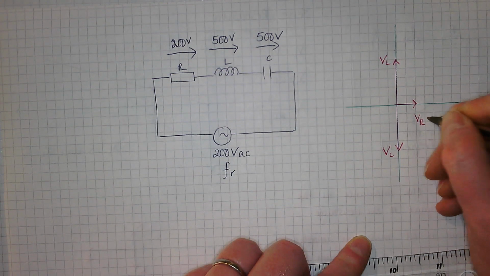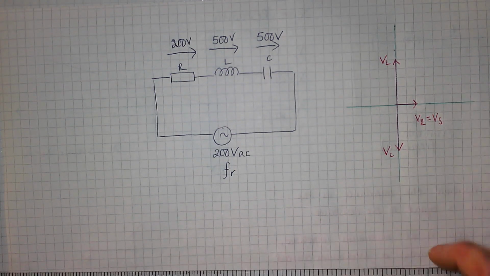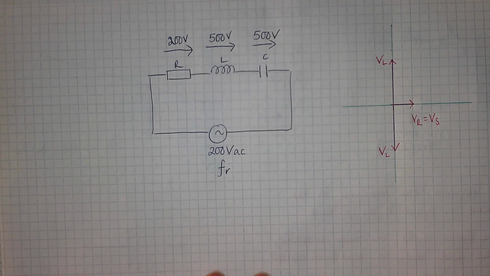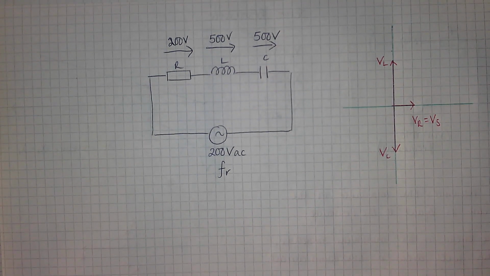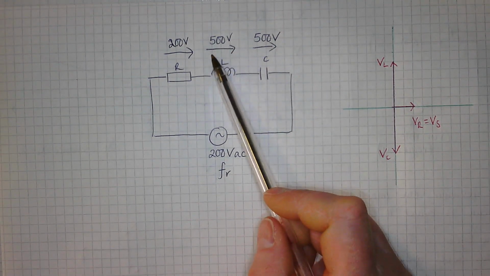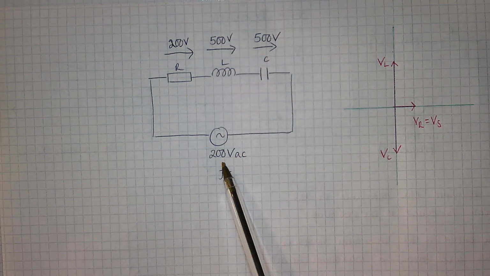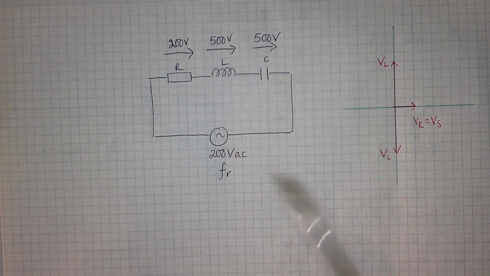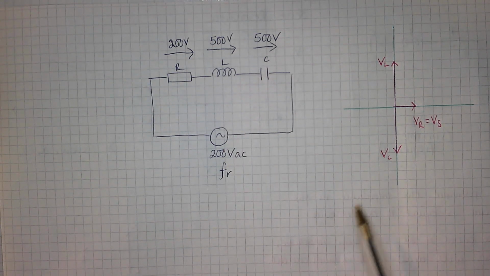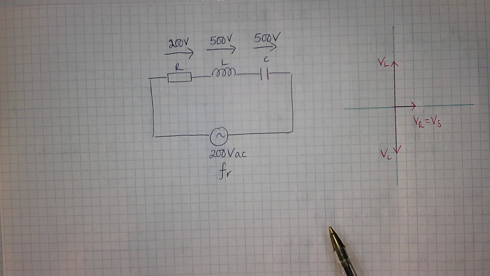That would be your VR, which would be equal to your VS. So you can have massive voltage magnification. So when you're doing your resonant calculations, you get big massive voltages across your inductor and your capacitor that are far larger than your supply voltage. They're not wrong, they're just equal and opposite. So you can end up with one of the problems of resonance is you've got massive voltage magnification.